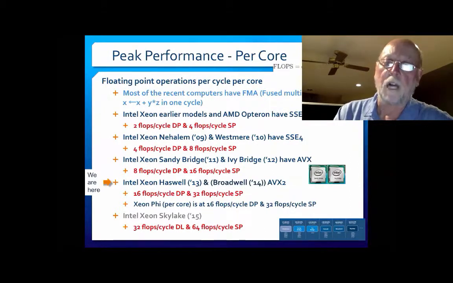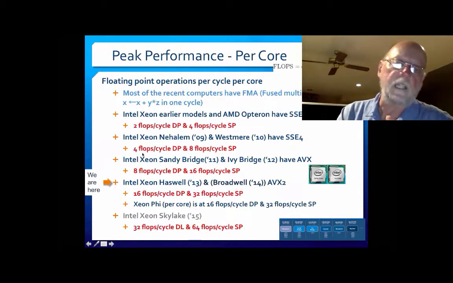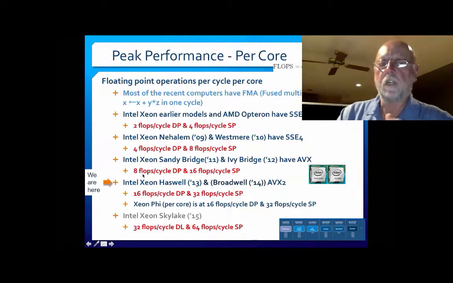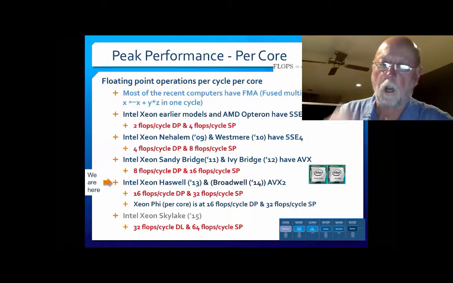The Nehalem processor in 2009 and the Westmere processor doubled that. So we were able to get 4 floating point operations finishing every cycle in double precision. When the next generation of that chip came out, Sandy Bridge and Ivy Bridge, that doubled the floating point execution rate again. So each core was capable of delivering 8 floating point operations per cycle.